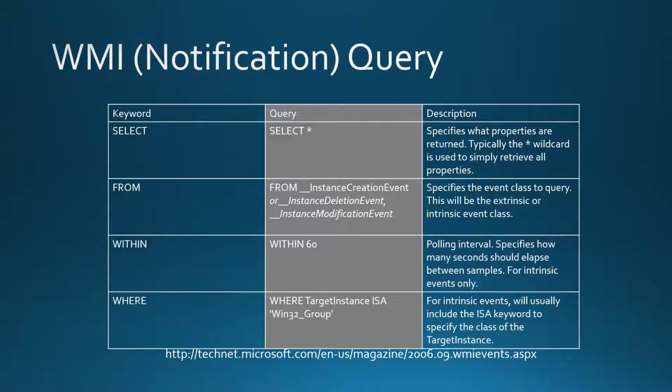The heart of our rule is the WMI notification query. A WMI notification query catches WMI events that are created if something happens. Let's say we want to catch events if something is created. Then we need to pull the instance creation event class.